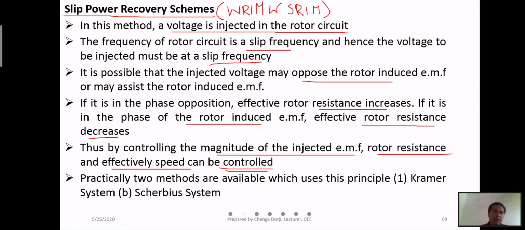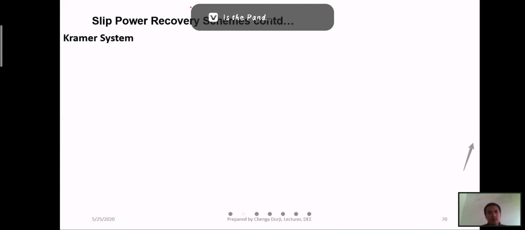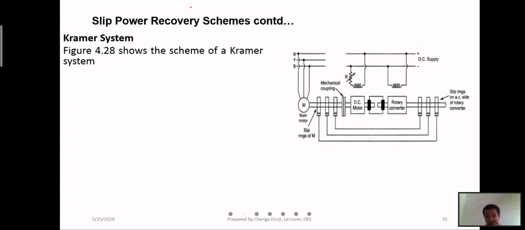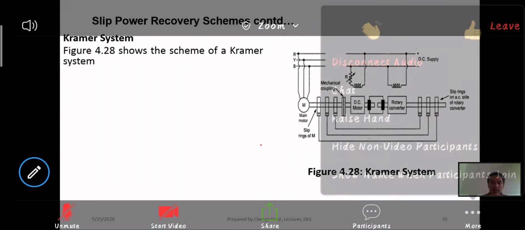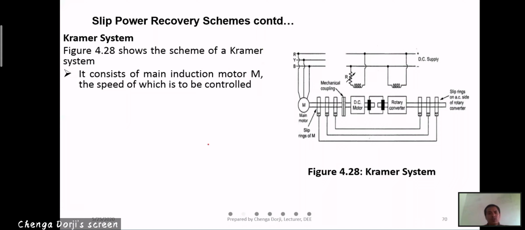Practically, for this slip power recovery scheme, two methods are there: the Kramer system and the Scherbius system. This is your Kramer system: induction motor with slip ring.